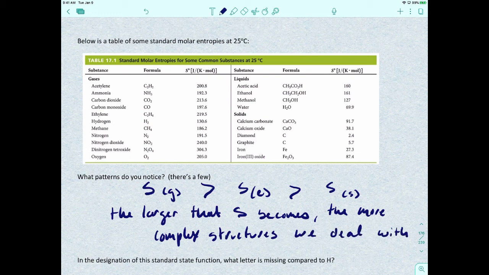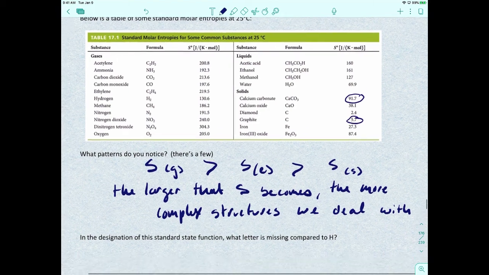So as S becomes greater and greater, not only are we talking about phase changes, but we're also talking about more complex molecules. So if we look at the solids here, calcium carbonate is at positive 97.1 joules per K mole. Graphite compared to that is 5.7. So the more complex the structure, the higher the entropy.